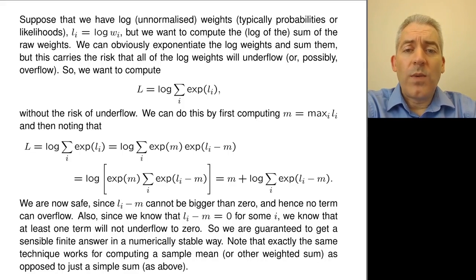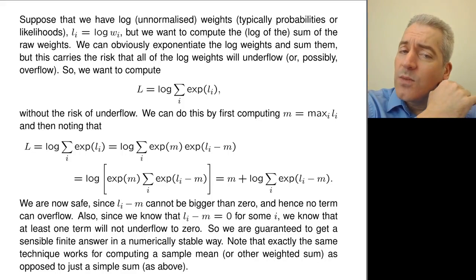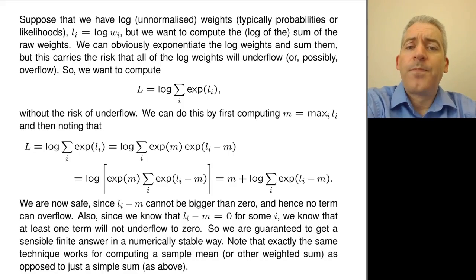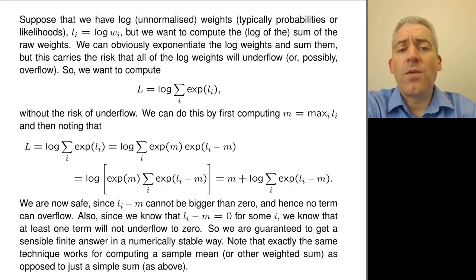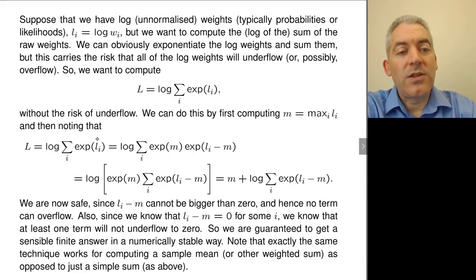So how do we do it? Well, it turns out that it doesn't matter whether you're worried about underflow or overflow. The same strategy fixes the problem. So what we do is we look at our log weights, and we compute the maximum value of those log weights, M. And then we rewrite this sum L that we're interested in by adjusting by this maximum value M. Clearly that's correct.